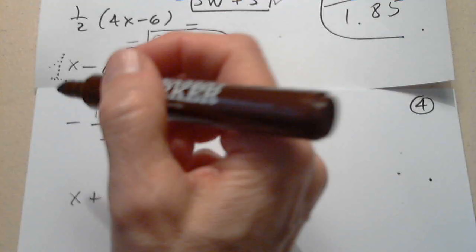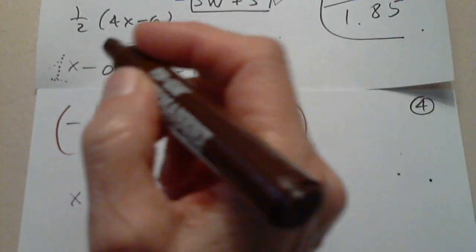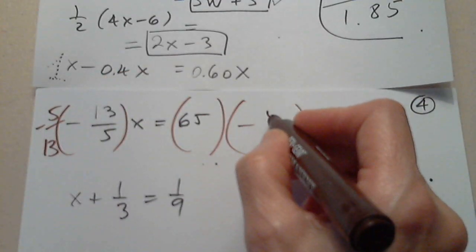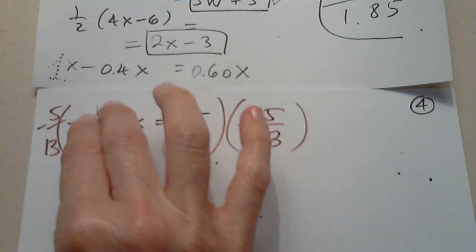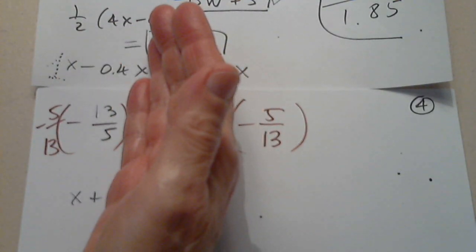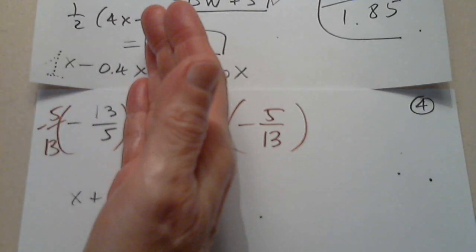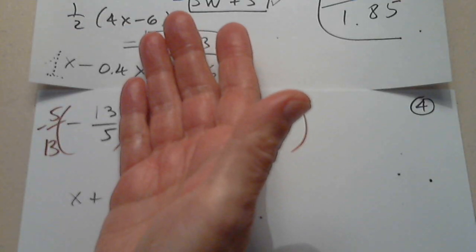So multiply the left-hand side and the right-hand side, both, by -5/13. That is the key. That solves the issue from the get-go. When you multiply these two, what will you get? When we multiply -5/13 by -13/5, what do we get? 1.